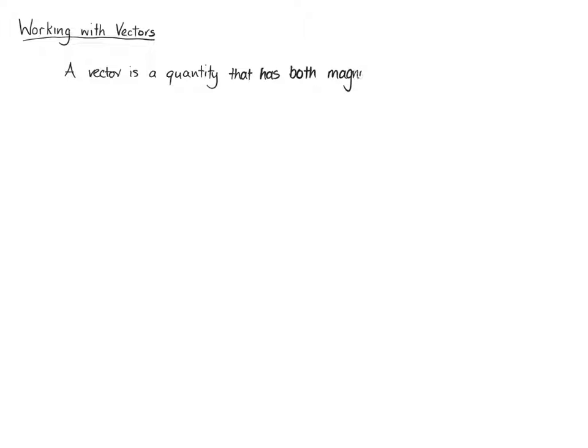Okay, so for those of you who do physics, you'll be well aware of vectors. For those of you who don't, you might be a little bit less aware, but examples of vectors are velocity, displacement, acceleration, force.